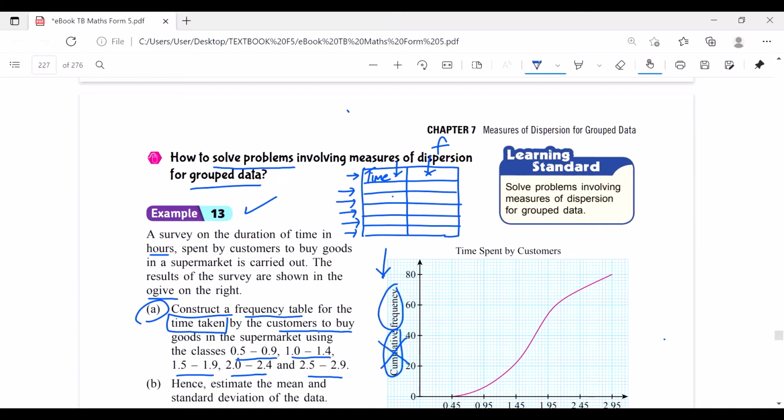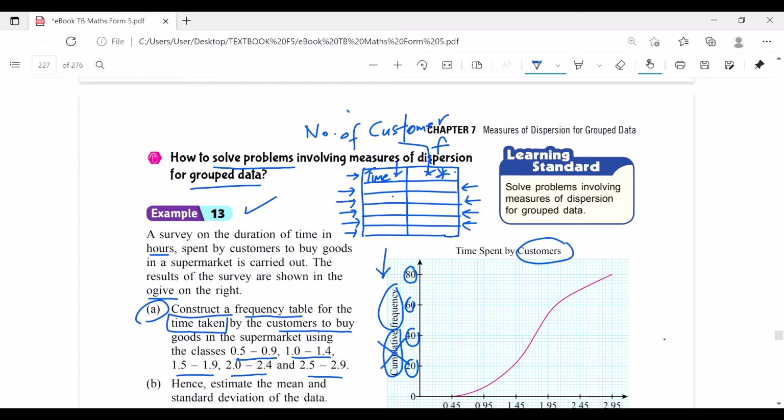But what does this figure tell you? Time spent by customers. So this is the number of customers. So you write it here, and then you find your frequency here.